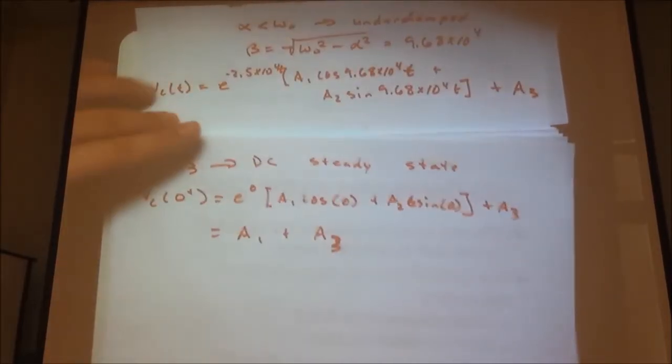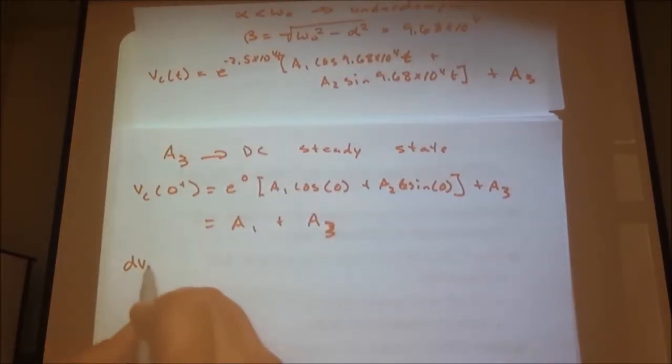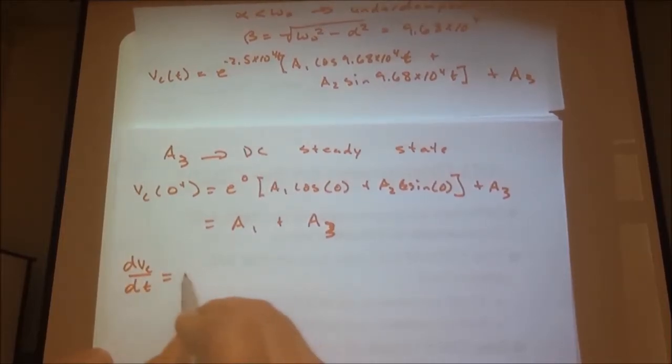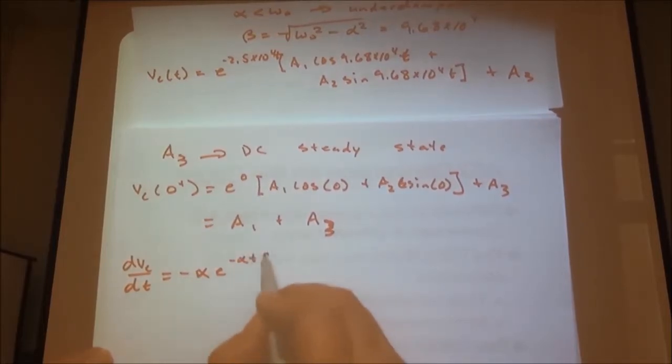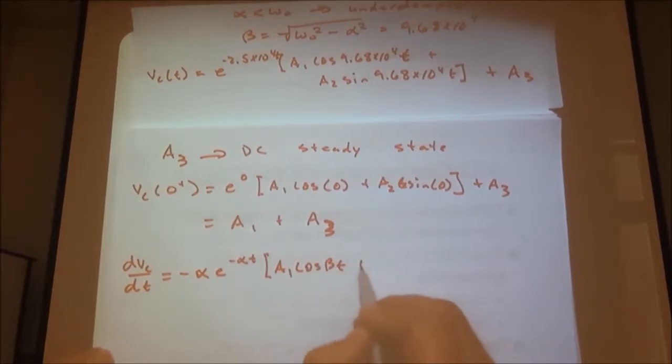And then dvC by dt, well, we can do this symbolically since it'll help me write a little bit faster, but we wind up with minus alpha e to the minus alpha t, A1 cosine beta t plus A2 sine beta t.